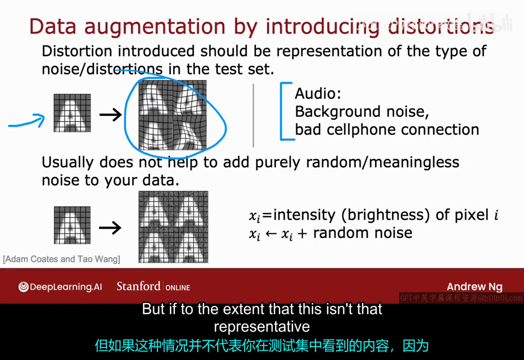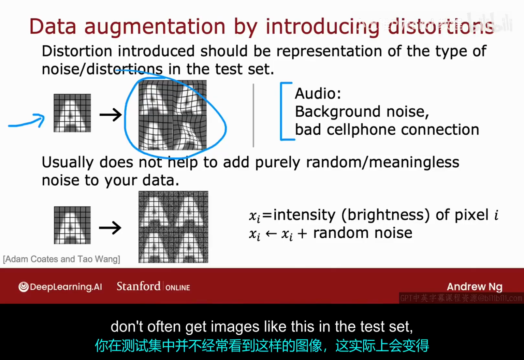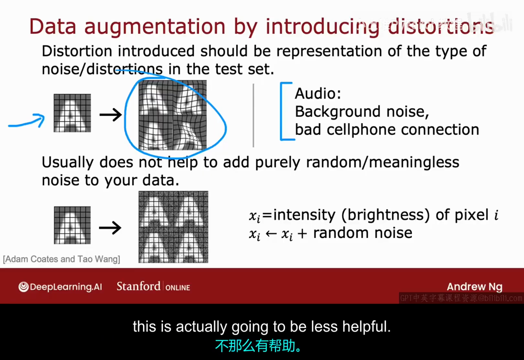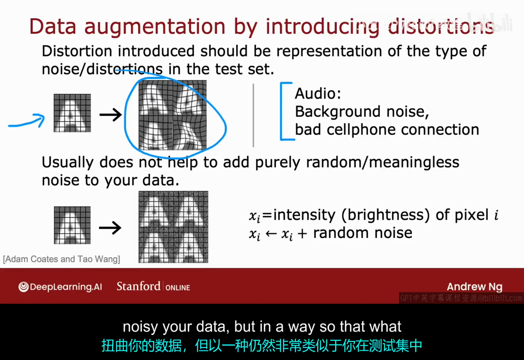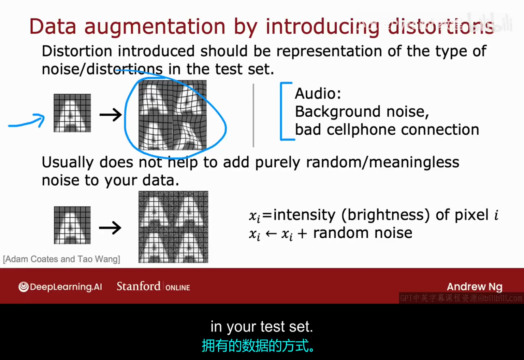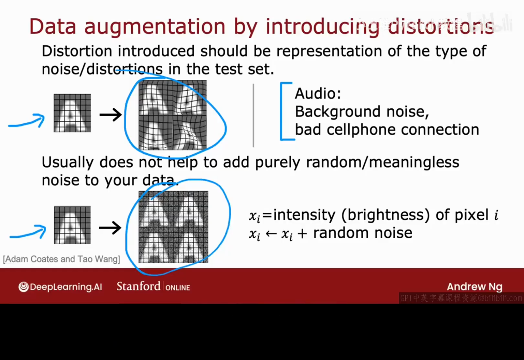But to the extent that this isn't representative of what you see in the test set, because you don't often get images like this in the test set, this is actually going to be less helpful. So one way to think about data augmentation is how can you modify or warp or distort or make more noisy your data, but in a way so that what you get is still quite similar to what you have in your test set. Because that's what the learning algorithm will ultimately end up doing well on.